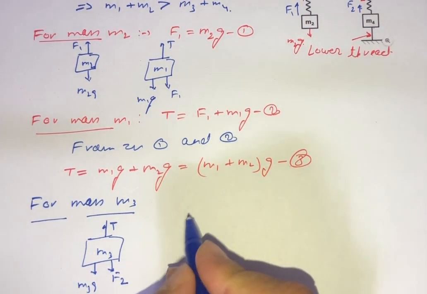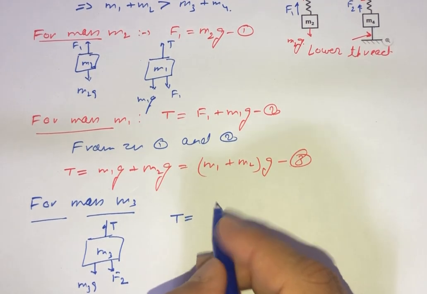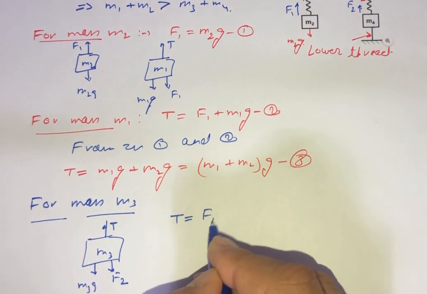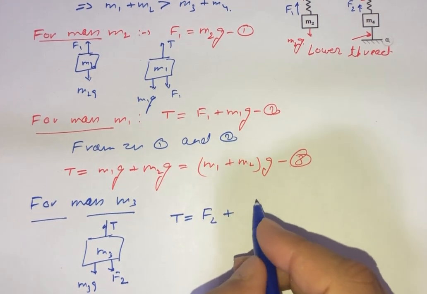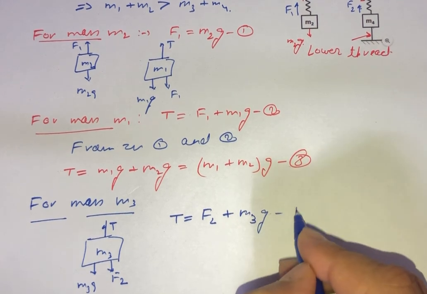So under this condition, you can say that tension T is equal to F2 plus M3G, and let us call this equation number 4.